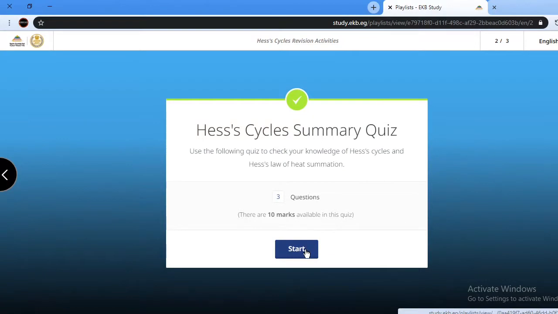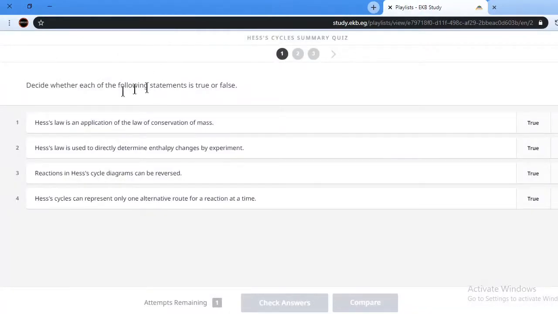Hess cycle summary quiz. There are 10 marks available in this quiz. Start. Decide whether each of the following statement is true or false.